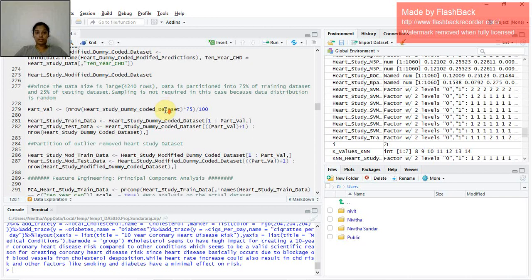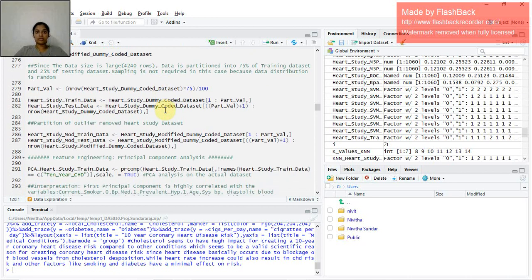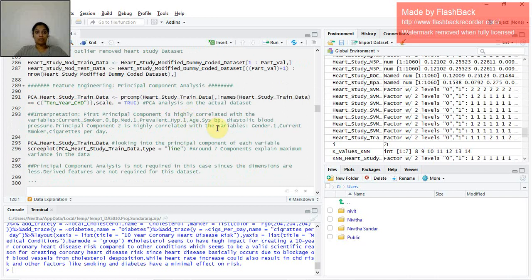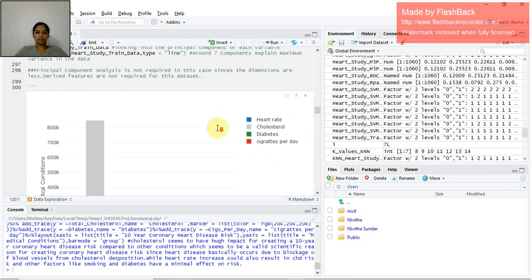Finally, PCA was also done in this case. I was curious to check how it would choose the features, but it wasn't implemented in the actual data set because the features were not that complex. 7 components were chosen by PCA for this data set.